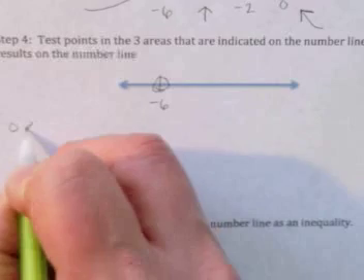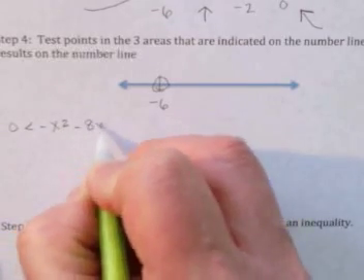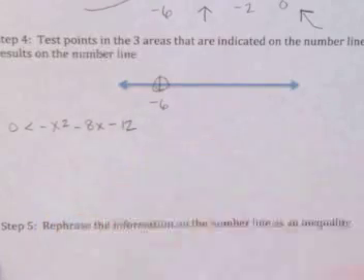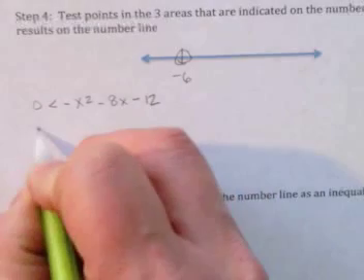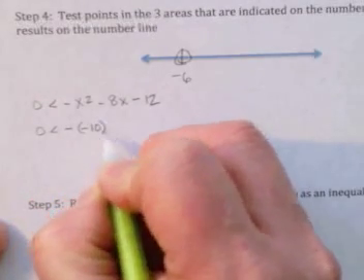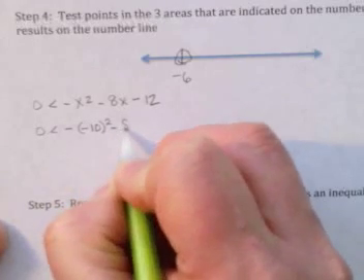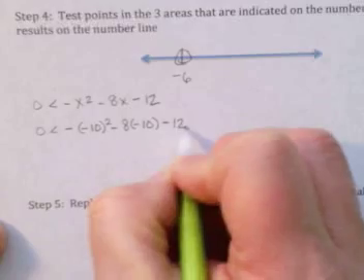So when I test, I want to go back to the original inequality in the problem. So I'm going to plug in -10. You could really use any number that's less than -6. So I choose to plug in -10.